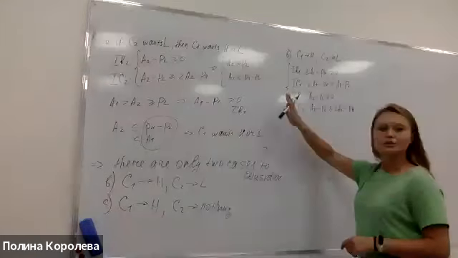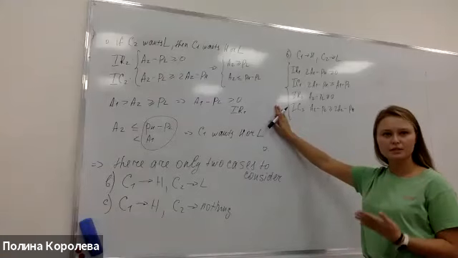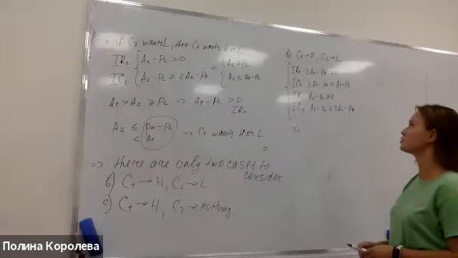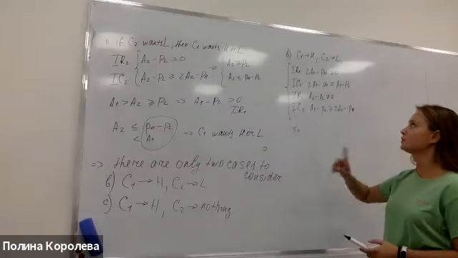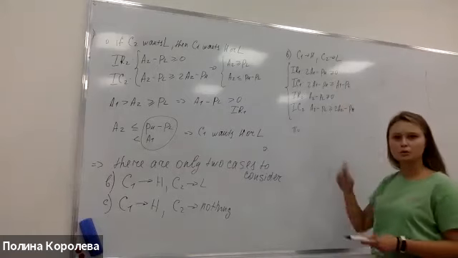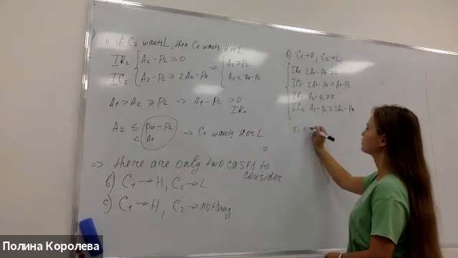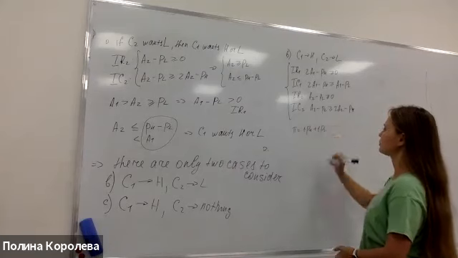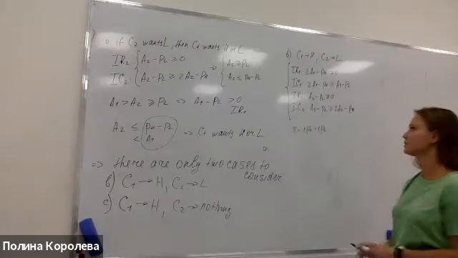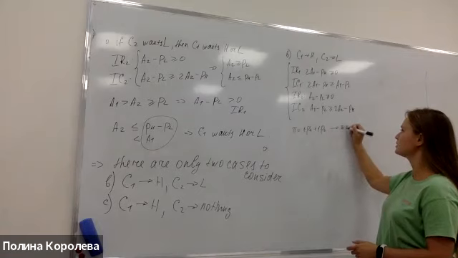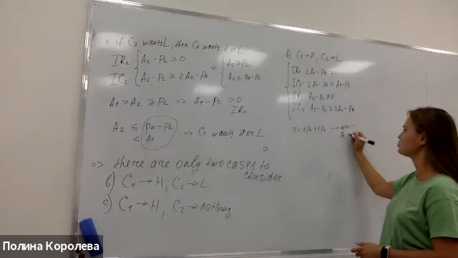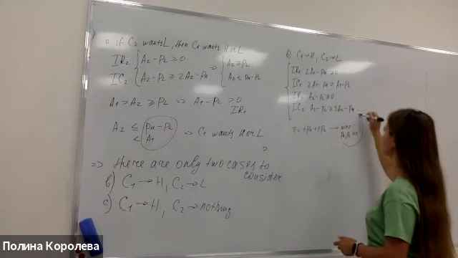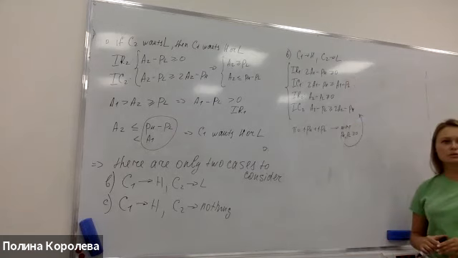And with such constraints, our seller maximizes his profit. Profit of our seller will be how much? He will sell 1 unit of high quality good and 1 unit of low quality good. So this will be 1 multiplied by price of high quality good plus 1 multiplied by price of low quality good. We have no costs for our seller. And this we should maximize by prices pH, pL non-negative, and such that all 4 constraints hold.